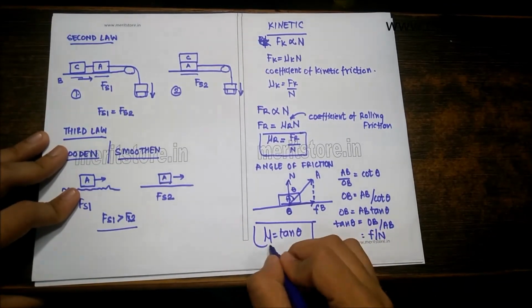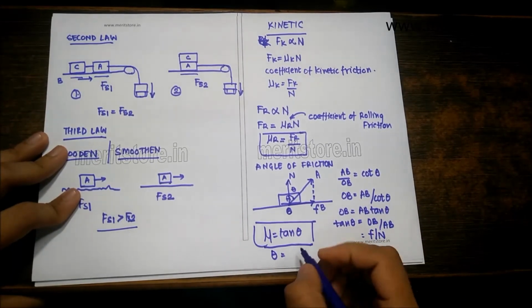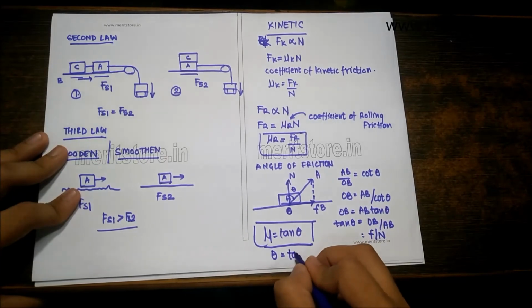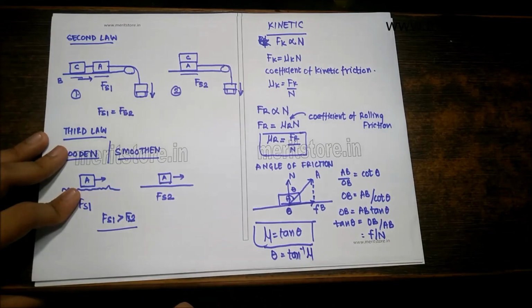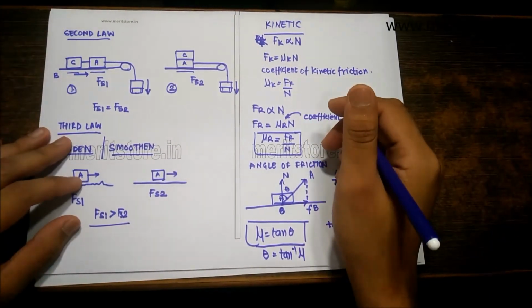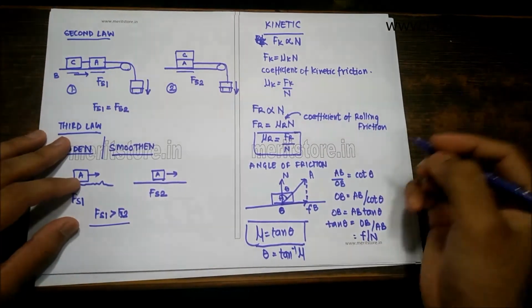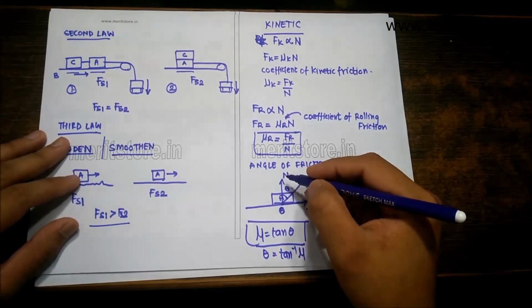So the angle of friction theta is the inverse tan of my coefficient of static friction. Definition: the angle of friction is the angle made by the resultant force A with the vertical force or the normal reaction force N.